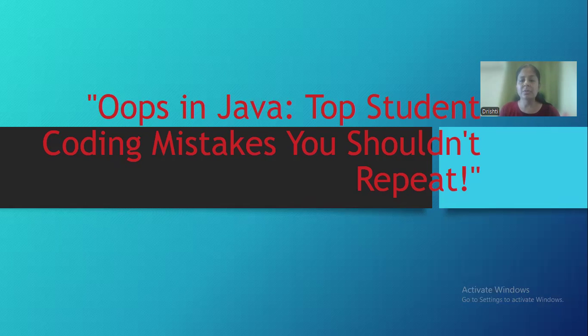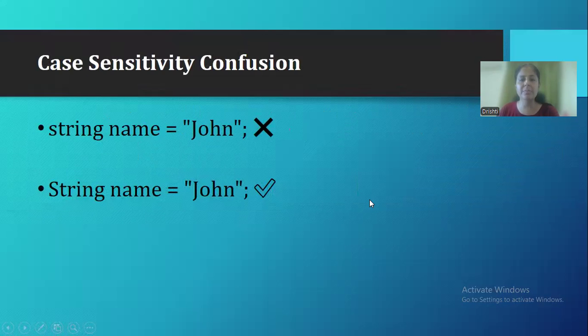Okay. So as you all know, Java is case sensitive. What do you mean by the term case sensitive? If I'm telling you Java programming is case sensitive, it means you have to make a note of small and capital letters. These are some of the small silly mistakes which students make while writing the Java programming language.